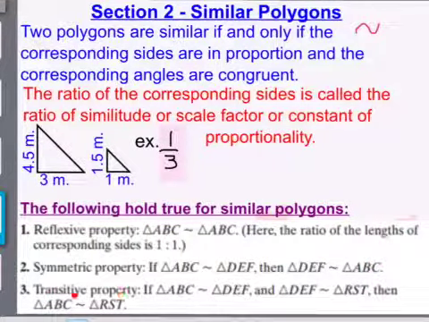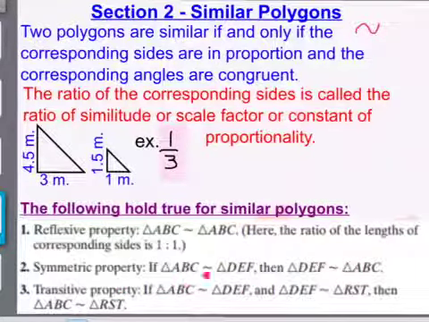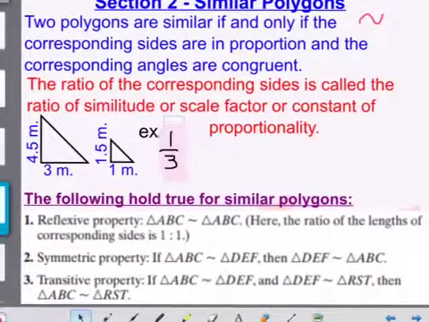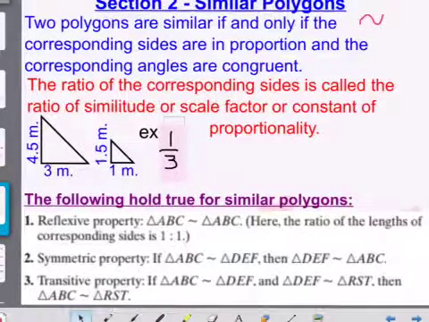And the transitive property: if triangle ABC is similar to triangle DEF, and triangle DEF is similar to triangle RST, then triangle ABC is similar to triangle RST.